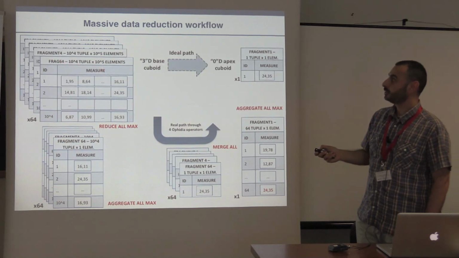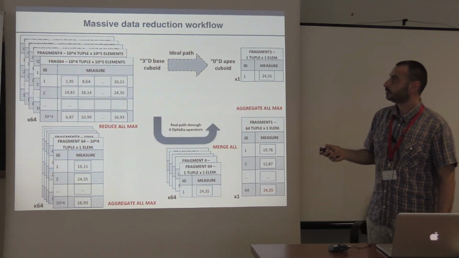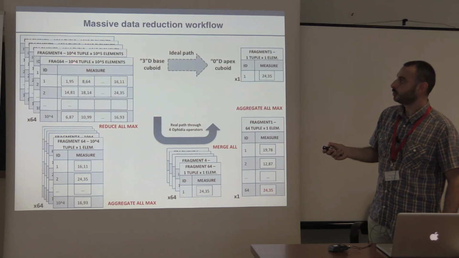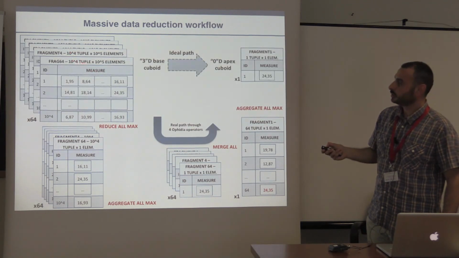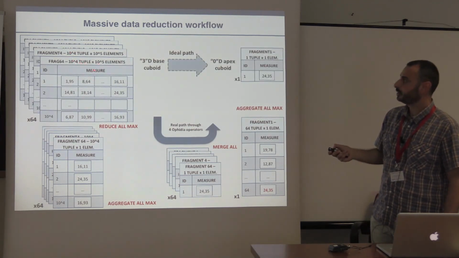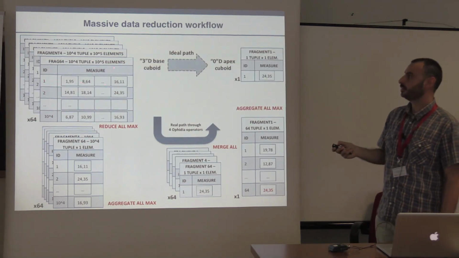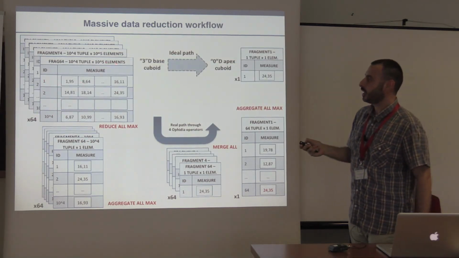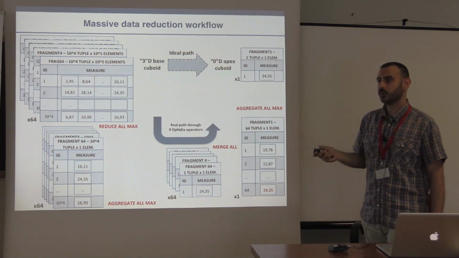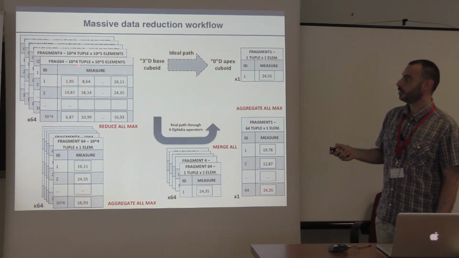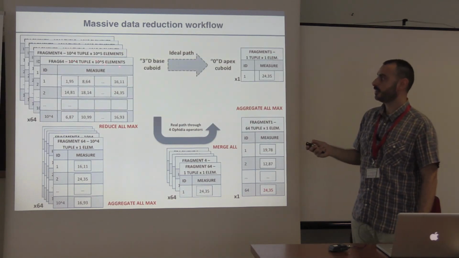Each fragment has 10 to the 4th tuples, and each tuple is formed by 10 to the 5th elements. So in total we have 64 by 10 to the 4th by 10 to the 5th elements.